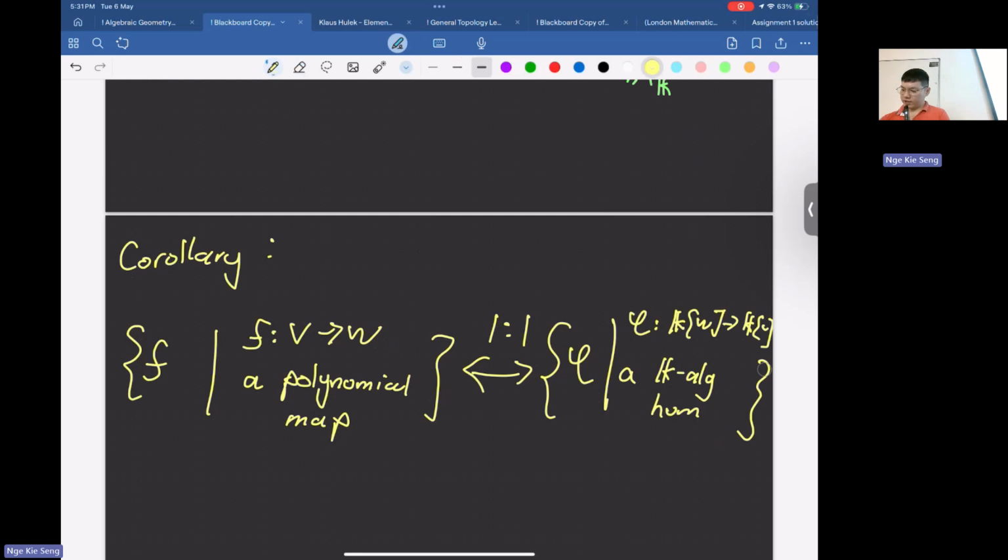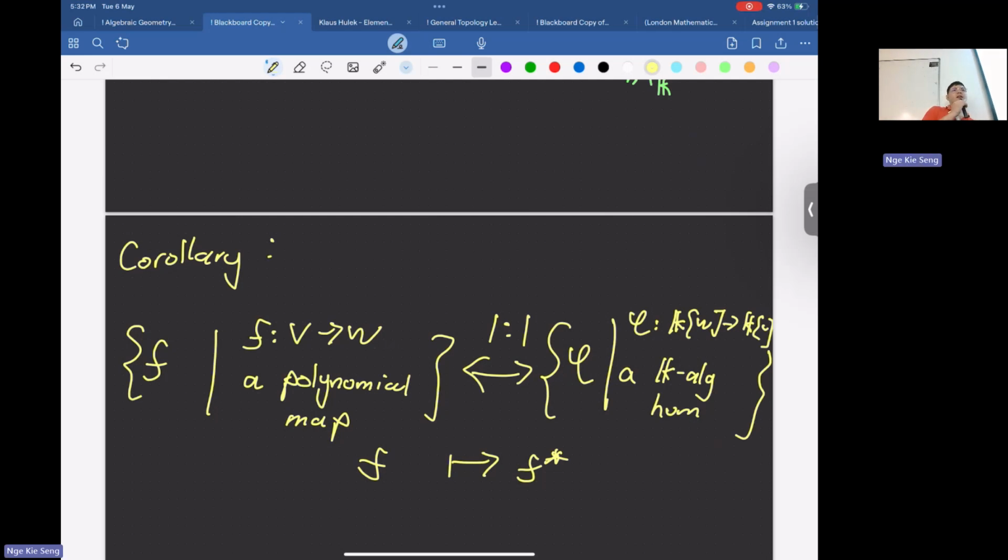What's the projection here? We send f to its pullback. And if you have a K-algebra homomorphism, we can construct a polynomial map for you. So then you can define what's the isomorphism of polynomial maps.